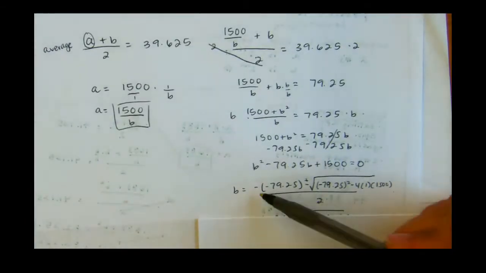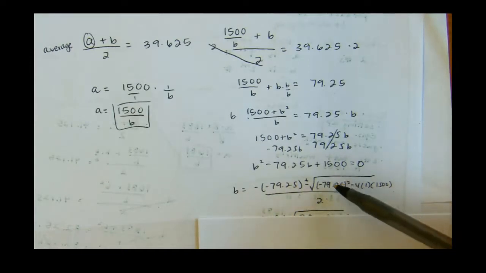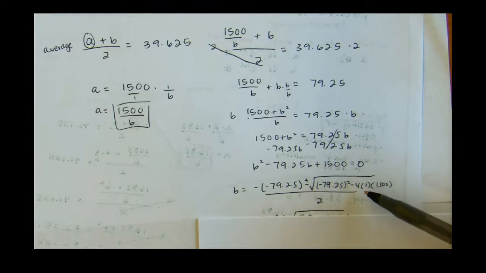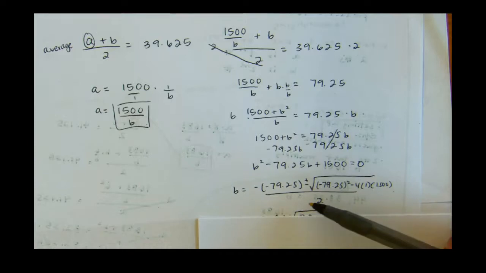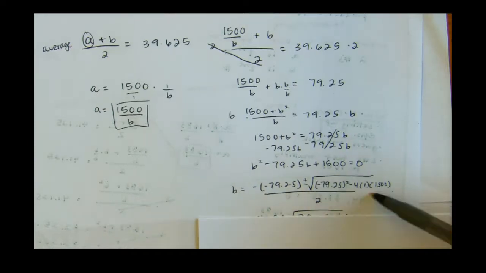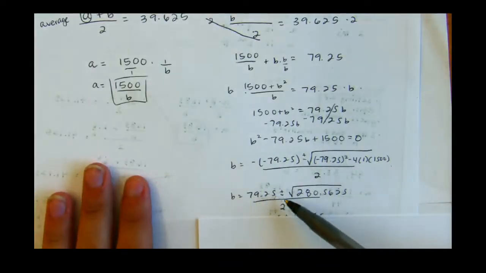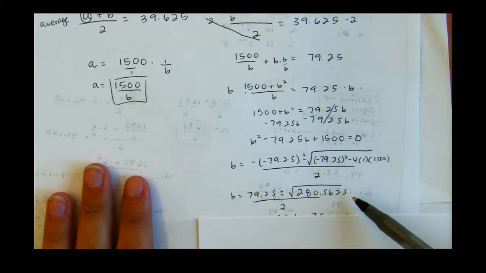B equals negative negative 79.25 plus or minus the square root of negative 79.25 squared minus 4 times 1 times 1,500, all over 2. When I simplify this beast in here, I'll end up with 79.25 plus or minus the square root of 280.5625 over 2.